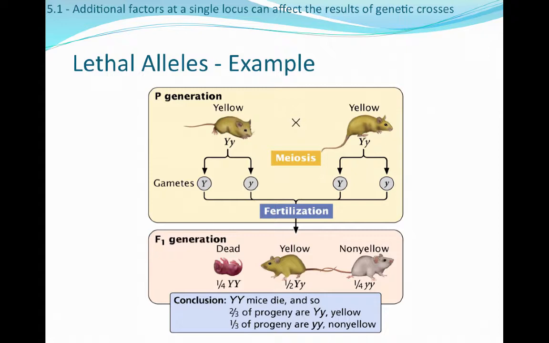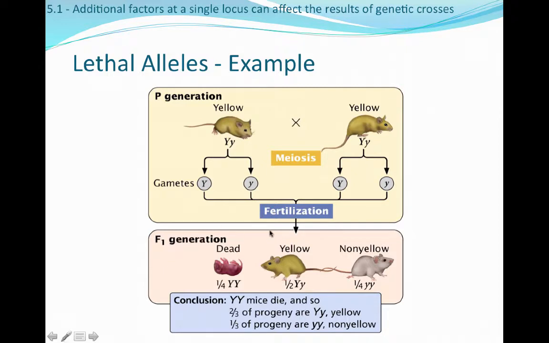All right, let's look at an example of a lethal allele. This is out of your book, and this is in mice. In our parent generation, we cross two heterozygotes, mice with a yellow phenotype and a genotype of big Y, little y. They can pass on a big Y or a little y at a rate of 50% per parent.